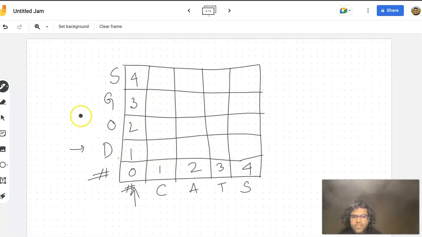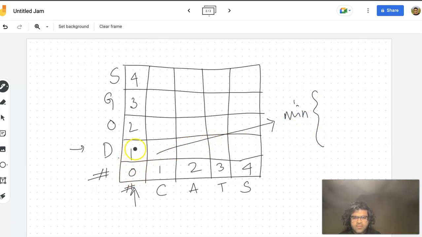Okay. Now, how will we calculate this row? Suppose we need to calculate this one. So basically, what will be this value? It will be a minimum of these 3.